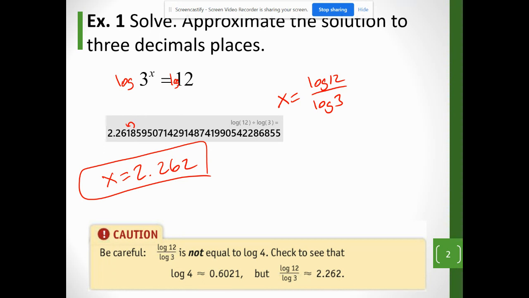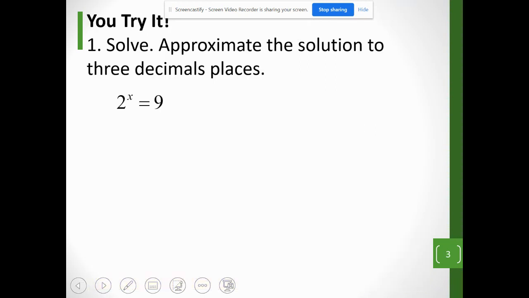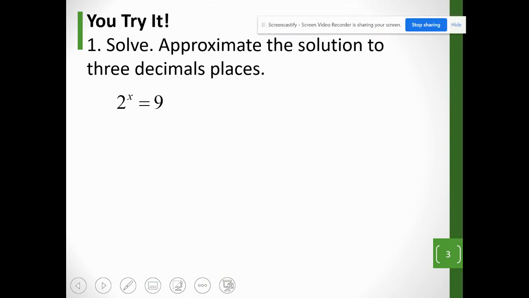Literally do log of 12 divided by log of 3. And also do not cancel the logs, because 12 over 3 will give me 4. So literally type in log of 12 divided by log of 3. Okay. Let's move on. You try this.